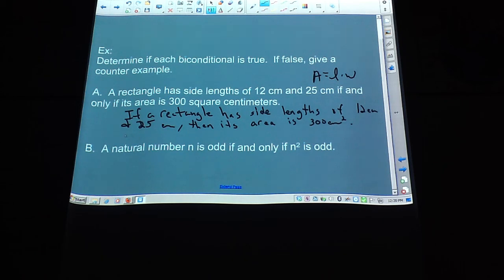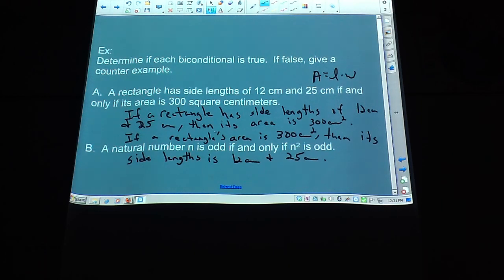But its converse, if I flip the P and the Q around, would state if a rectangle's area is 300 centimeters squared, then its side lengths are 12 centimeters and 25 centimeters.